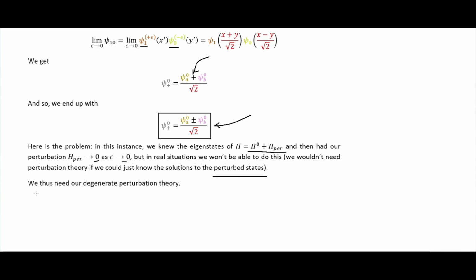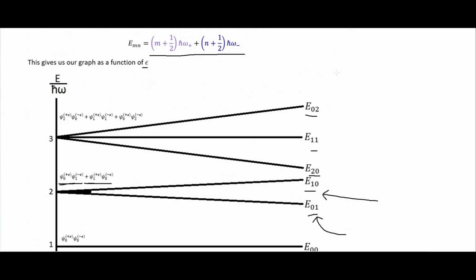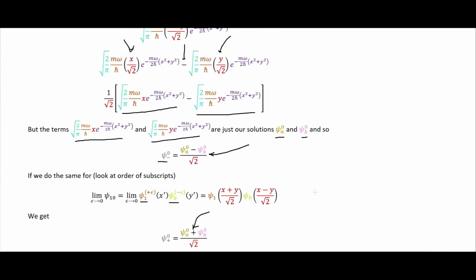And so this video is the motivation for why we need degenerate perturbation theory. Like I said, the perturbations will lift these degeneracies, which is the other takeaway from this video. But the other one, as I said, is that we do need this degenerate perturbation theory.